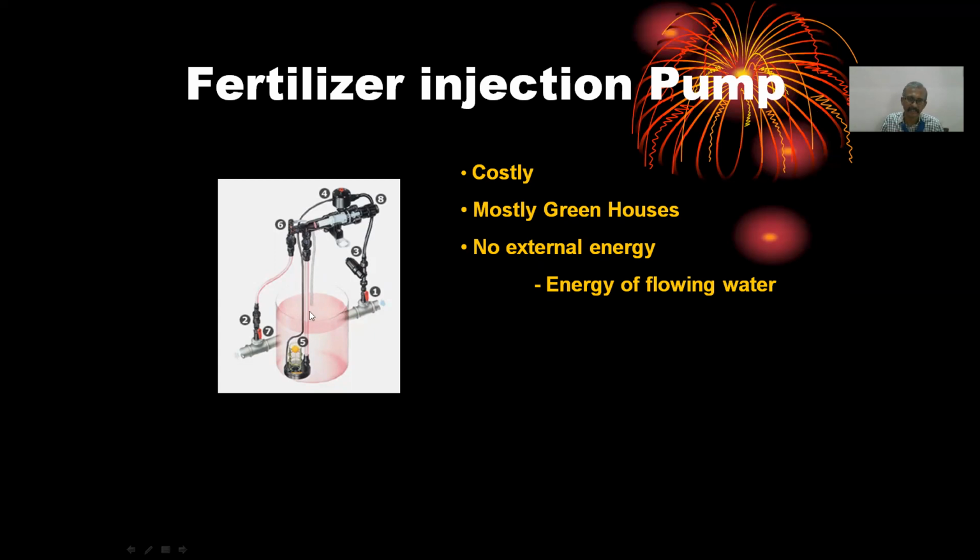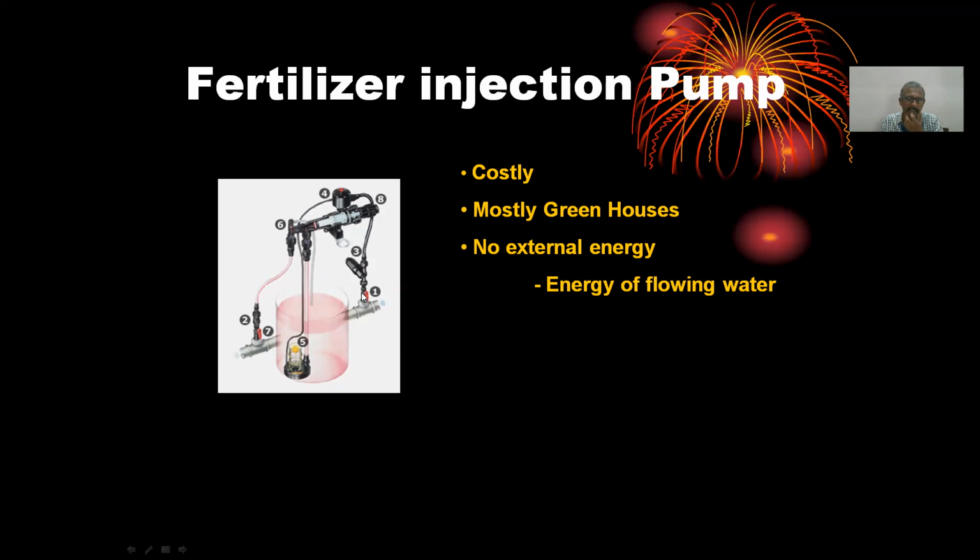It causes suction at this end, and the fertigation solution, when suction is caused, is sucked in and once again pumped out, and it gets mixed with your irrigation water and it goes. So with this pump, one will be able to get a precise concentration of fertilizers.